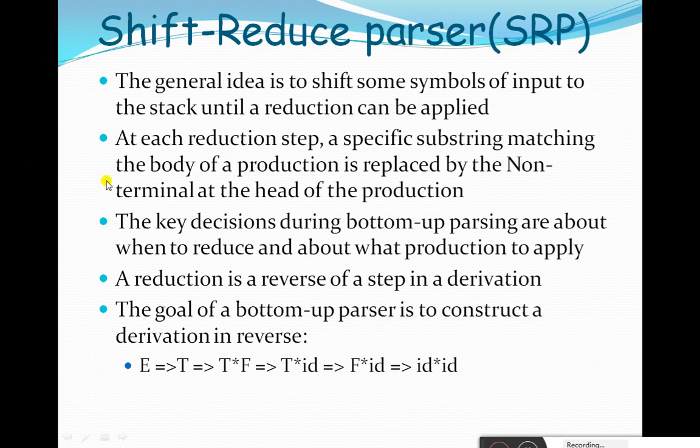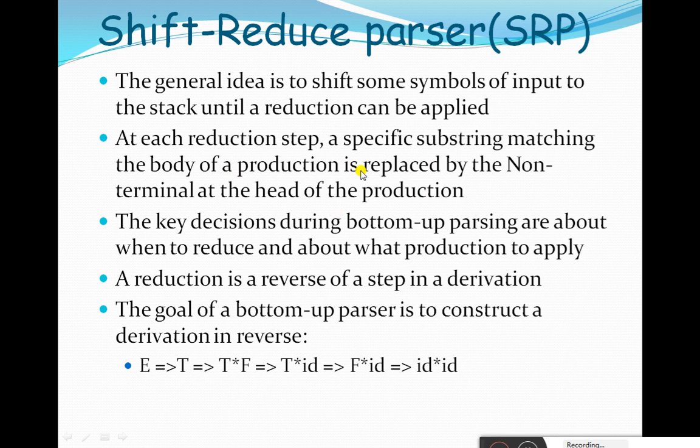At each step of reduction, a specific substring matching the body of a production is replaced by the non-terminal at the head of the production. The substring here is a handle that matches the body of the production, which is to be replaced by the non-terminal at the head of that production.